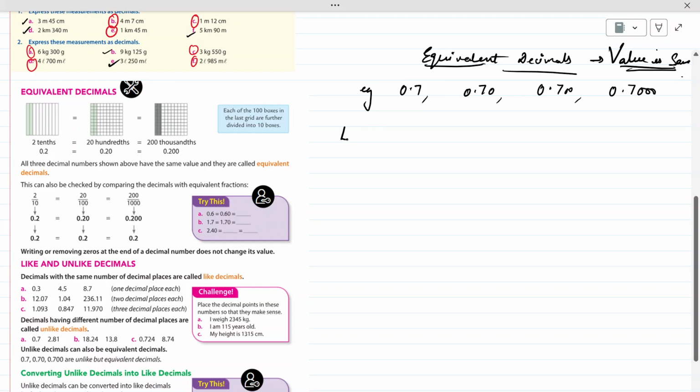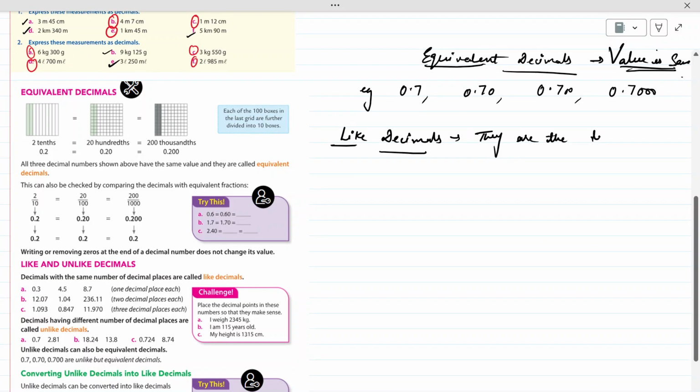Next, we have the concept of like decimals and unlike decimals. So kids, like decimals are the decimals which have the same number of decimal places. So I'm writing here, they are decimal numbers having the same number.